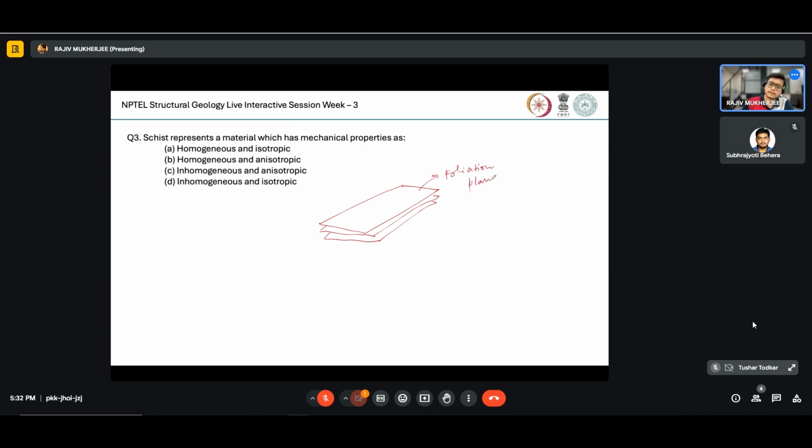This is X, this is Y, and this is Z. Now it is obvious that for this schist to occur, compression must have taken place like this, right?